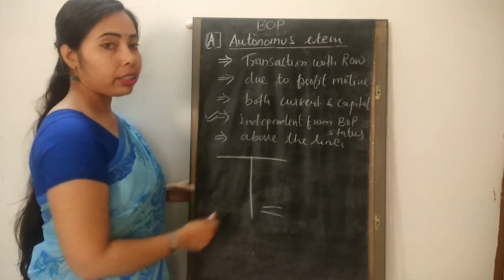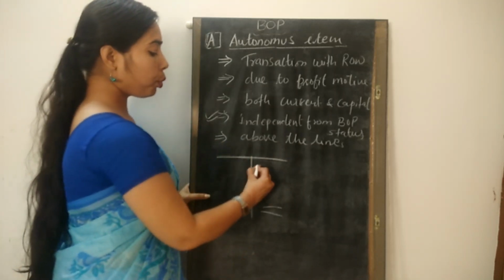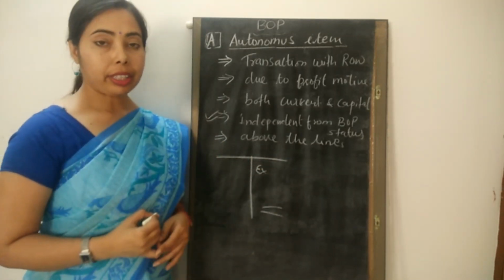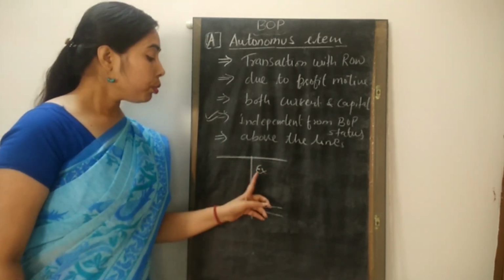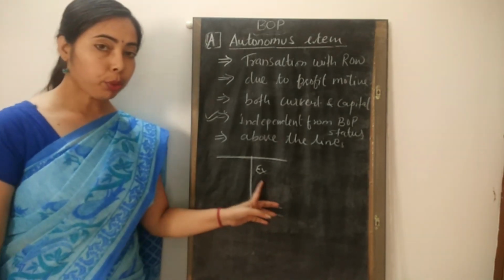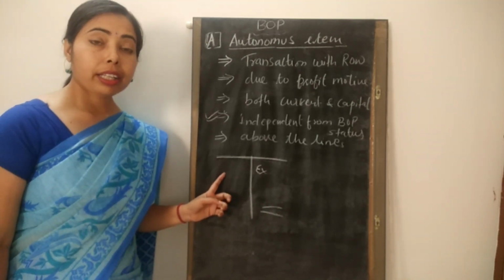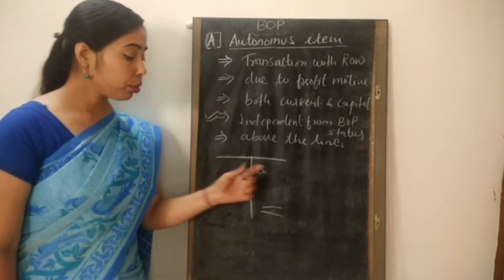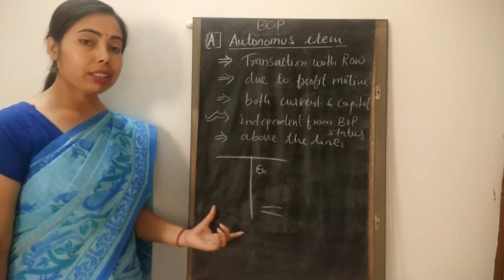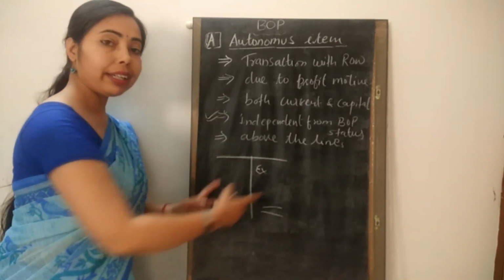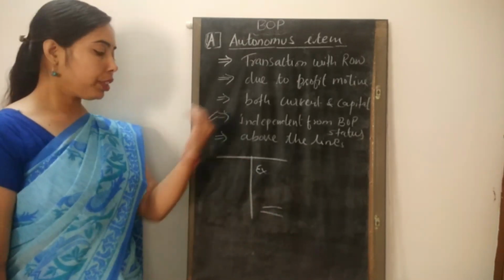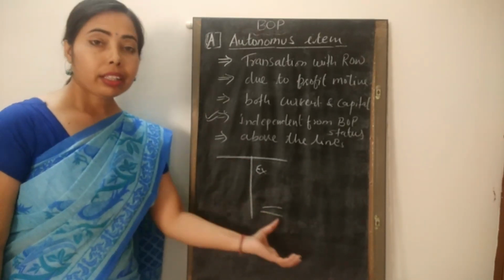So suppose in that accounting period we had an export of unilateral transactions, only export. It means nothing is on the import side, the debit side. So this side will be more than this side. This situation creates a surplus, or if it is vice versa, there will be a deficit.